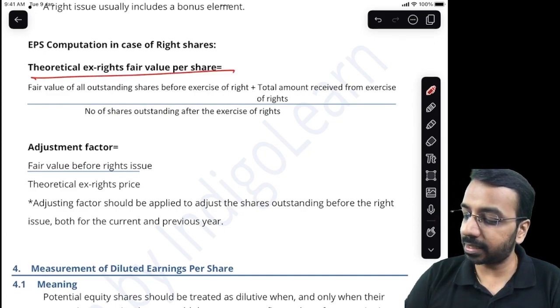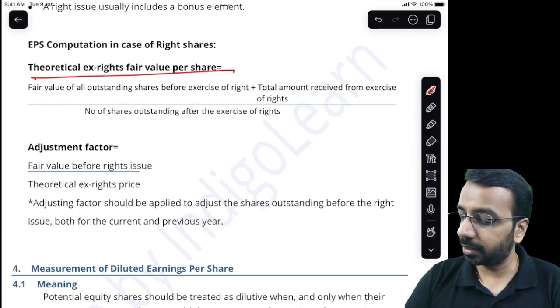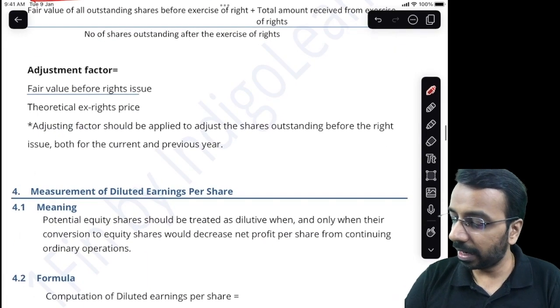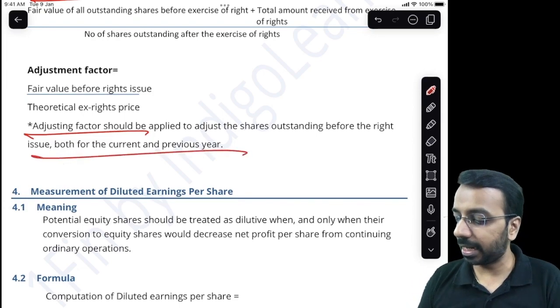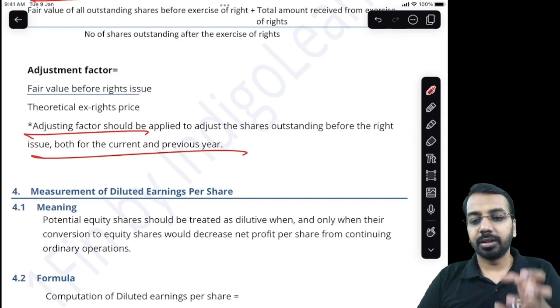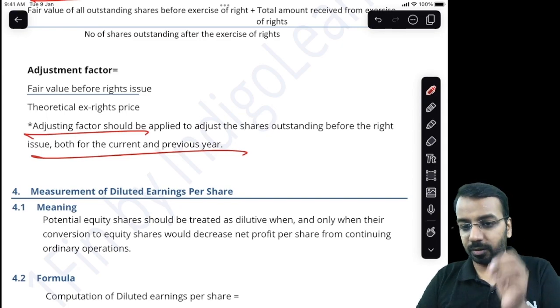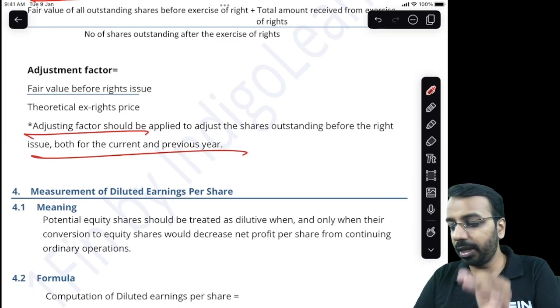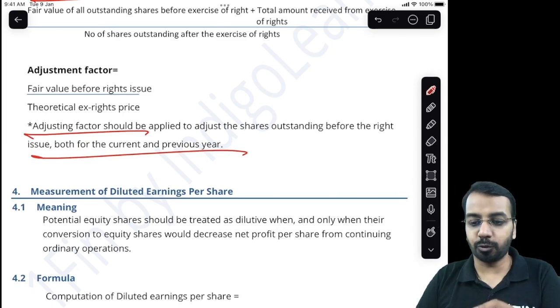Right. So theoretical ex-rights price, we have already seen it, and we'll have to apply the adjusting factor for both current as well as previous period. Right. So till here we have covered the basic earnings per share related concepts: how do we calculate the basic earnings per share, and how do we handle the rights issue? Right.